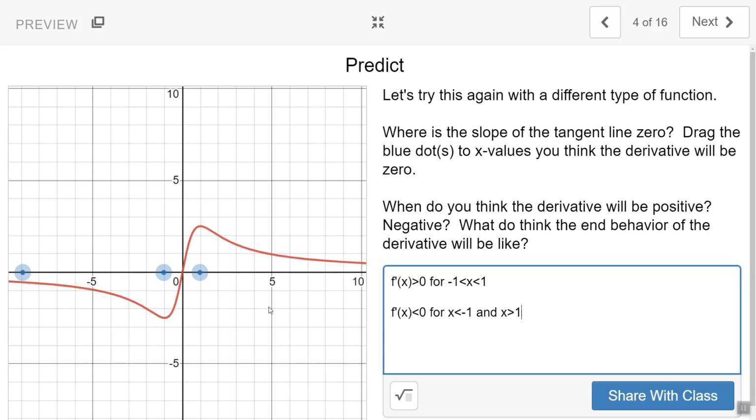As I continue to move my slope along this line, it's starting to flatten out almost to be a horizontal line, right? So the end behavior slope, about what value are you thinking? Horizontal slopes, which would be what value? 0. Okay, so we think the end behavior for this, I'm going to write down end behavior, slopes approach what value?